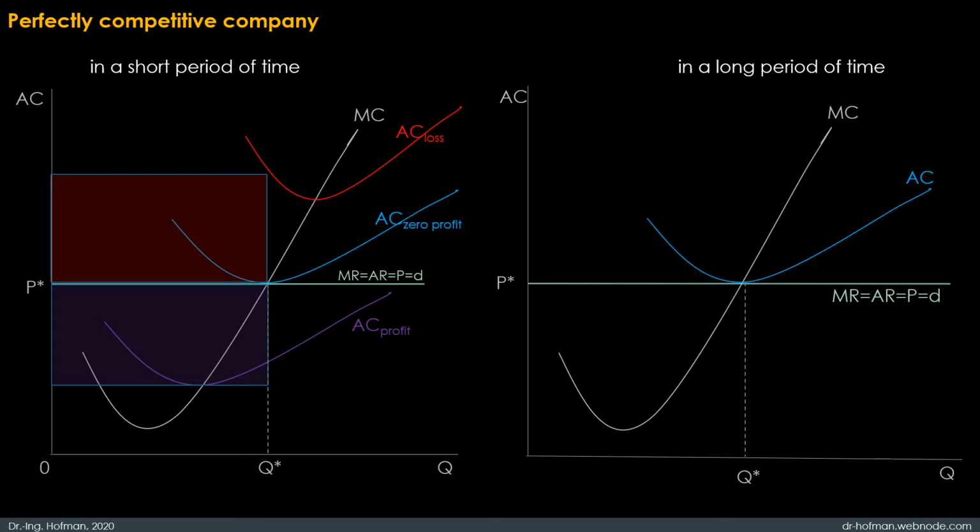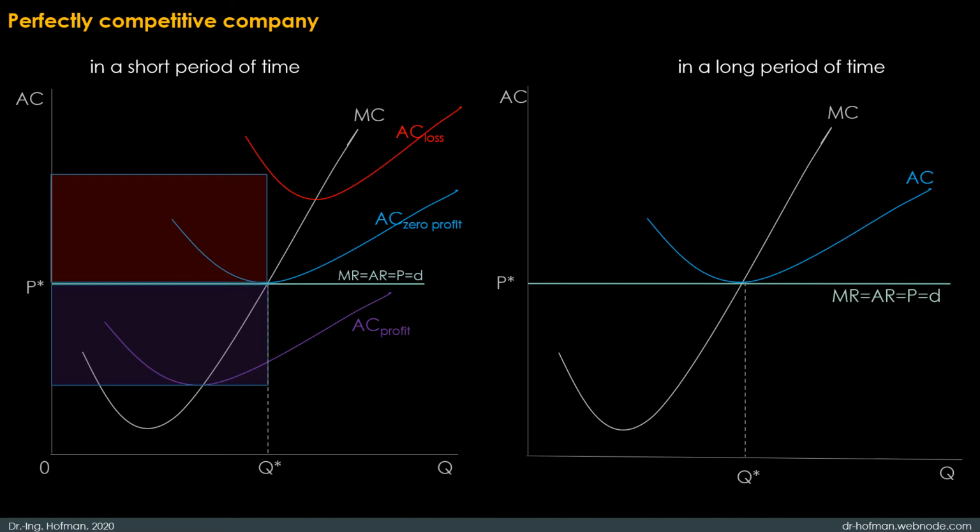Let's explain the abbreviations. AC stands for average cost. MR stands for marginal revenues, which equal average revenues, AR, which equal price, P, which equal demand.